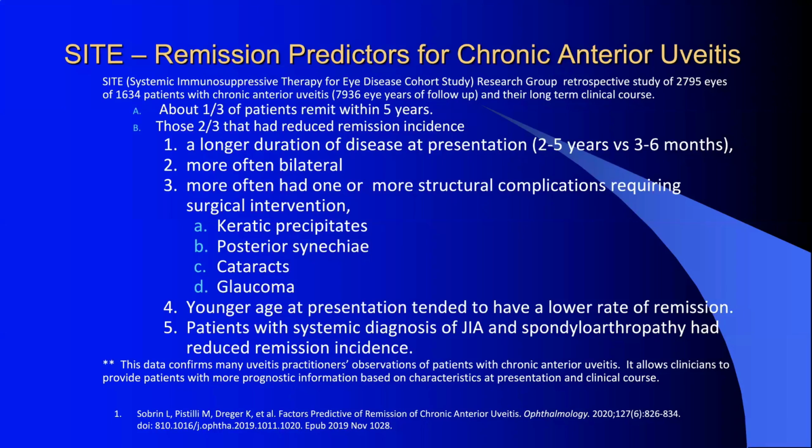Those patients who had reduced remission incidence had a longer duration of disease, were more often bilateral, more often had structural complications, and required surgical intervention. And they were younger at presentation, and these patients often had a systemic diagnosis associated with their inflammatory disease, specifically things like JIA or spondyloarthropathy.